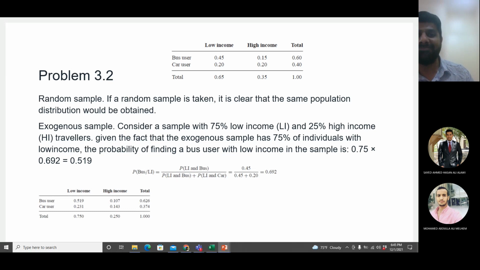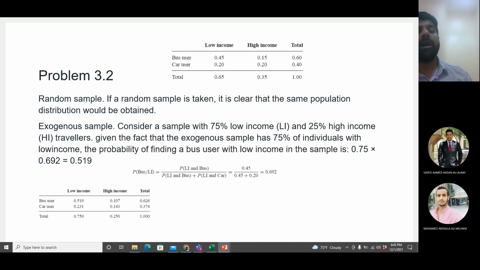I don't know, maybe low income people are more willing to answer than the high income group, or the low income group is more easily available. Because of any reason, the data you collected in the end was not 65% low income, 35% high income. You ended up collecting 75% low income group data and 25% high income group data.